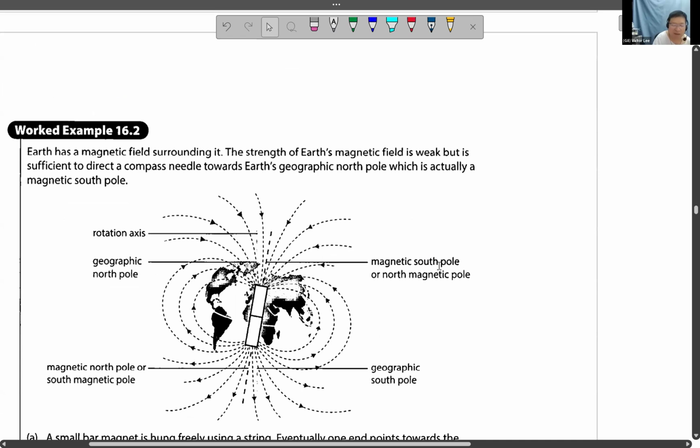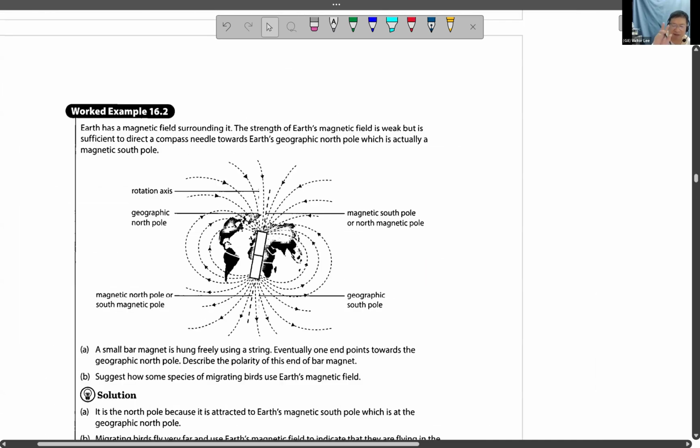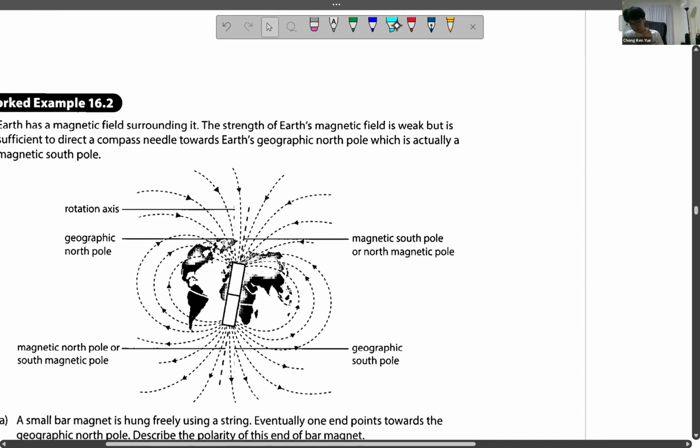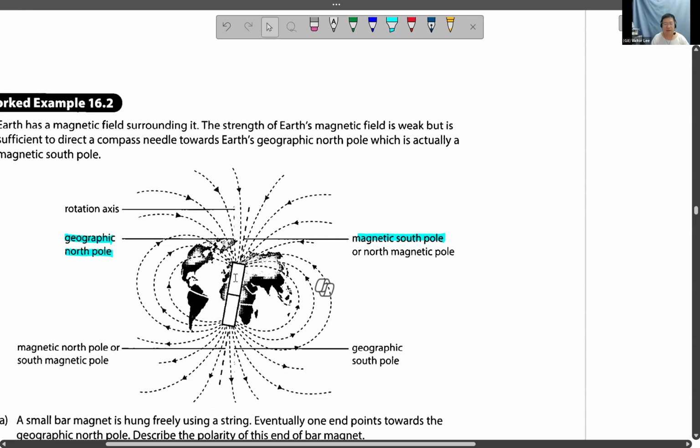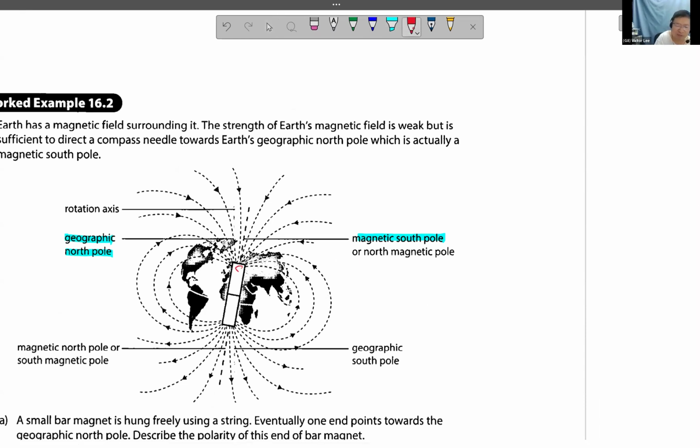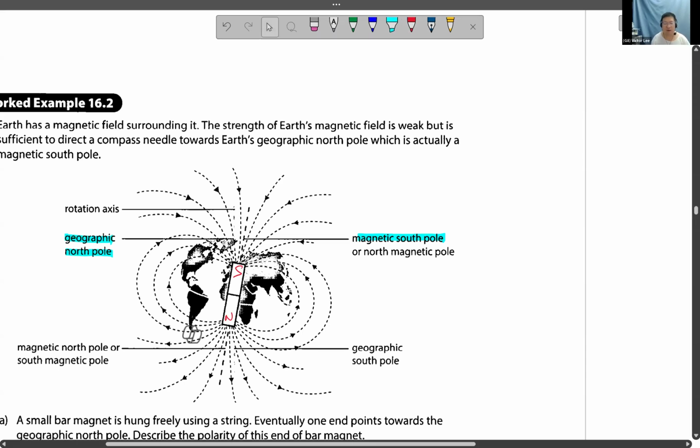All right, here you need to understand this. Let's look at two phrases. Magnetic south pole. You see that? This side is a magnetic south pole at the bottom. Repeat, south pole on top, north pole below. So we say that in North America, but actually it's the south pole.